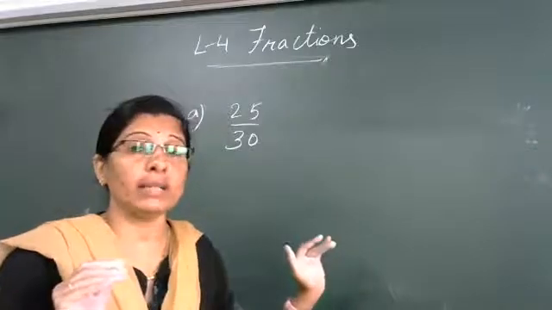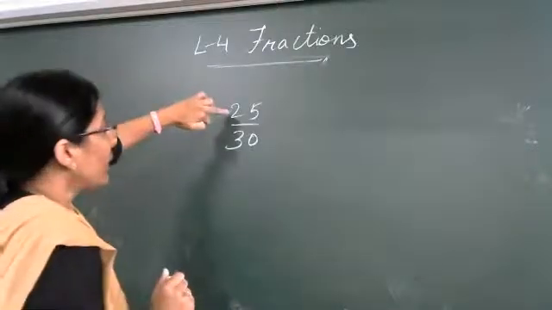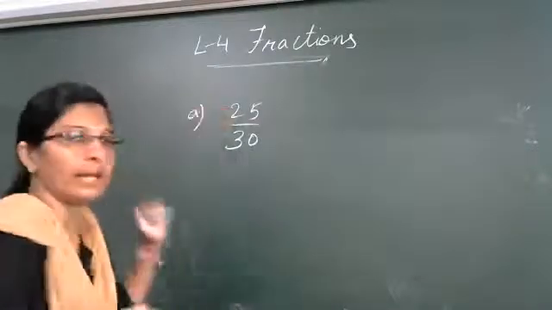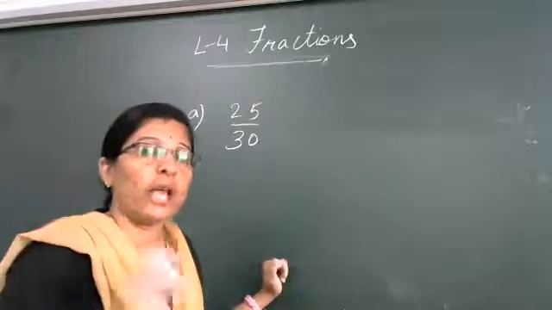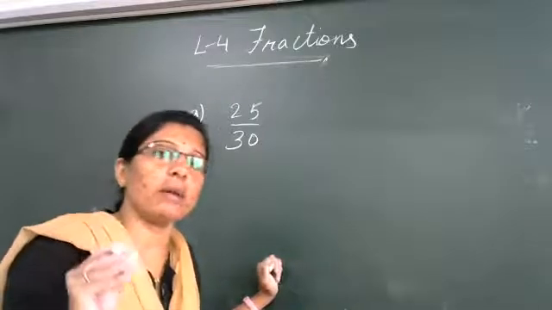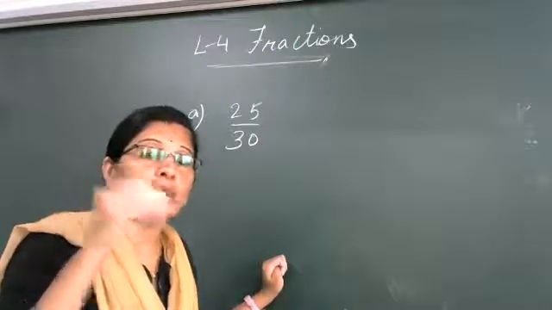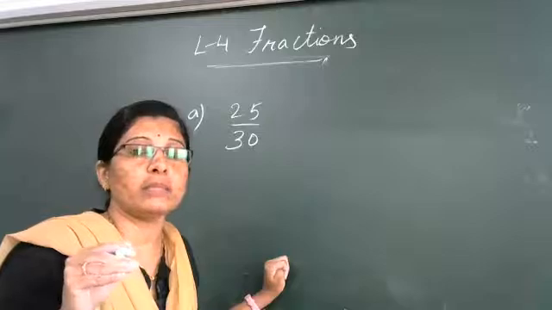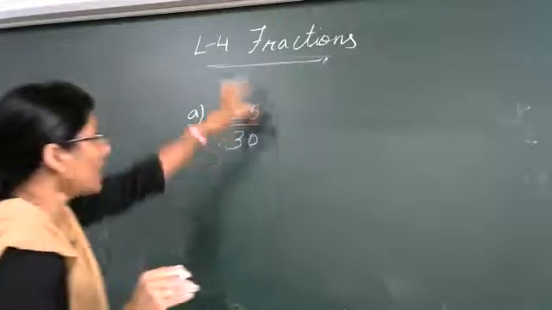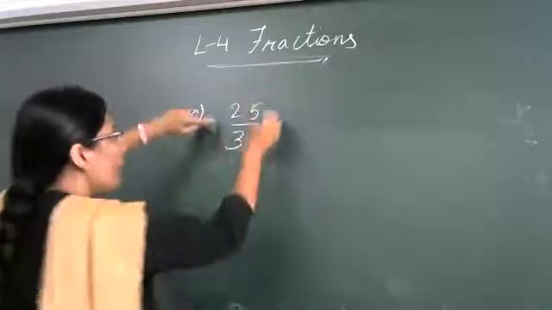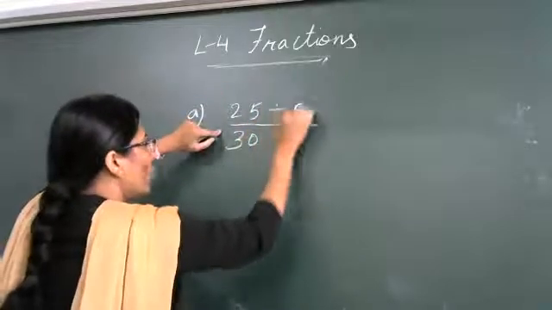In division method, we have to see that both numbers come in the same table. We have to take such numbers that both come in the right table. So they are coming in 5 table. So I will divide up and down with 5.